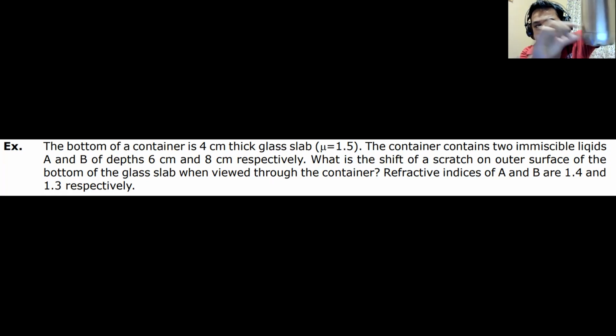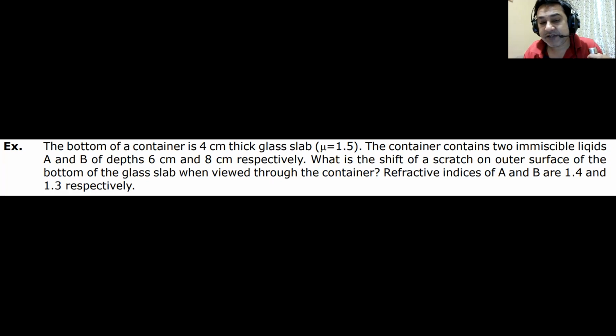Then we have one liquid which is 6 centimeter depth. Then we have another liquid which is 8 centimeter deep. You have to find, if I view the scratch from the top, how much does the scratch shift?